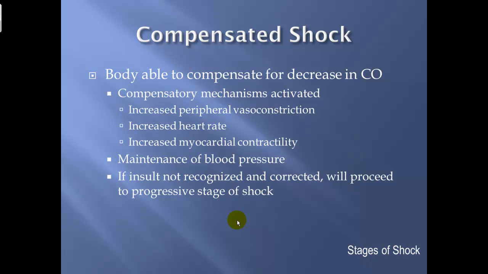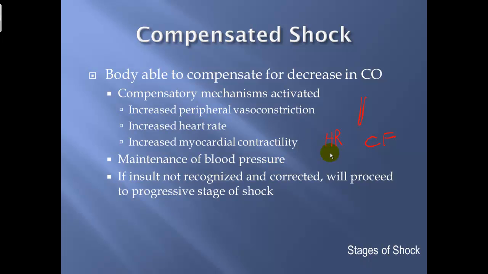Compensated shock continued here. The body has the ability to compensate for a decrease in cardiac output. Compensatory mechanisms are activated. An increase in peripheral vascular vasoconstriction. The vessels get smaller. Heart rate increases. Increased myocardial contractility.